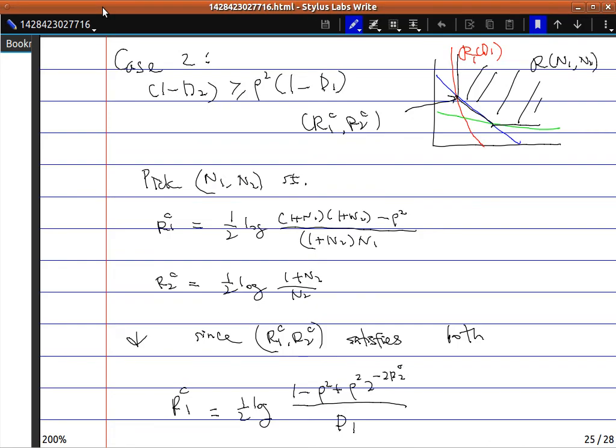Okay, now let's consider the second case, when 1 minus D2 is bigger than rho square times 1 minus D1. For that case, the intersection of the regions R1 D1 and R2 D2 will overlap, but will not be entirely inside the region R1 R2 D1 D2.